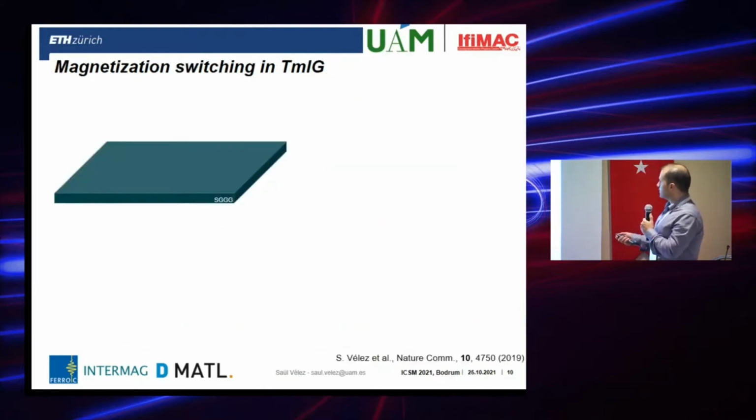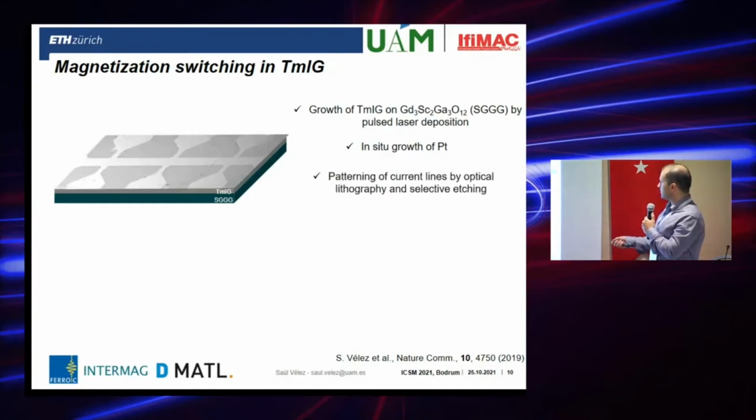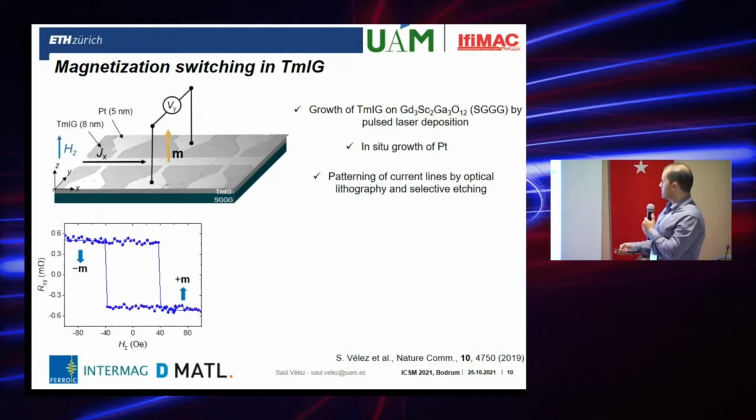So how did we prepare our devices? We basically took a scandium-substituted gadolinium gallium garnet substrate, and we grew on top, by pulsed laser deposition, a thulium iron garnet film, and then in situ we deposited platinum. And then we went to the clean room, we patterned this platinum layer in the form of a Hall bar shaped racetrack, and the first thing that we did was to characterize the magnetic anisotropy of the system by measuring the Hall resistance, the Hall response, while applying a charge current.